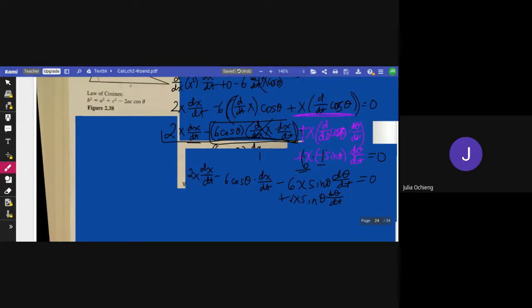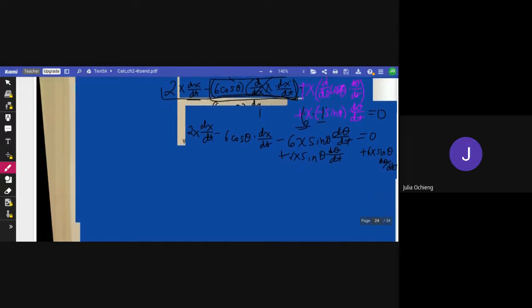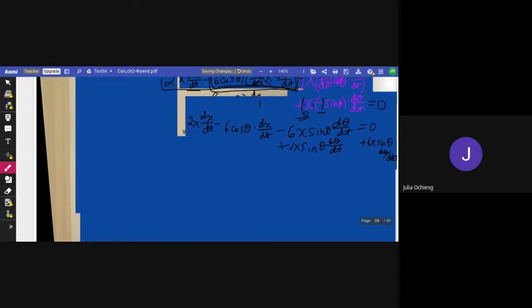of the equal sign. That's going to get me 2x dx over dt minus 6 cosine theta dx over dt equals 6x sine theta d theta over dt.